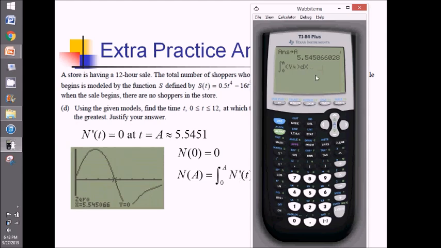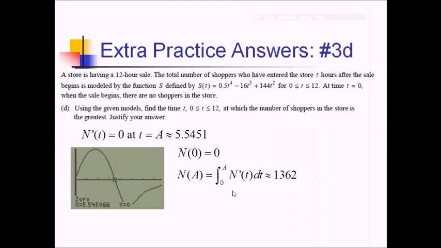And that comes out to approximately 1,362 shoppers-ish. All right. And then we have n of 12, which we actually found in part C was 196. So out of all of these, 1,362 is by far the biggest. So we can say that the number of shoppers is at a maximum at time equals A hours.